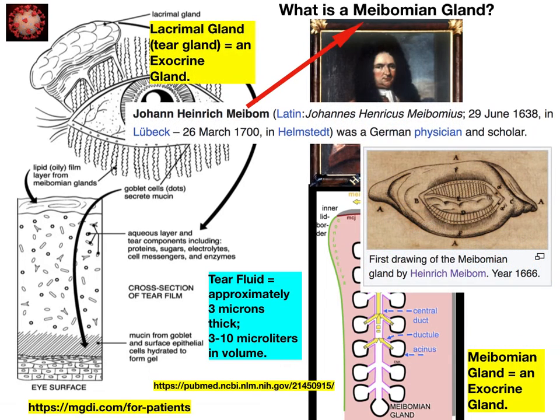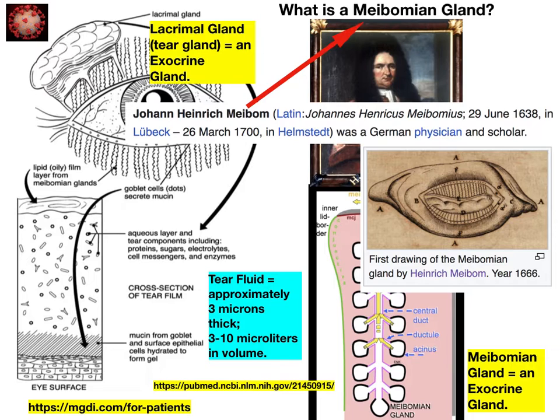So going back to this question, what is a meibomian gland? Let's start with the name. Where does the name come from? Meibomian glands were first mentioned by Galen, who was the physician to the Roman Emperor Marcus Aurelius. This was circa 200 of the Common Era.